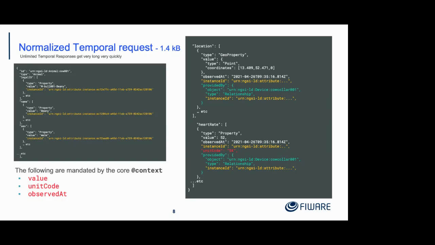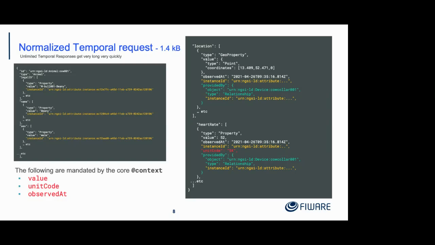The things you really need if you're dealing with temporal is you must have observedAt as a property of properties, because it is observedAt that is used for keying the timings by default. ObservedAt is mandated in the core context.